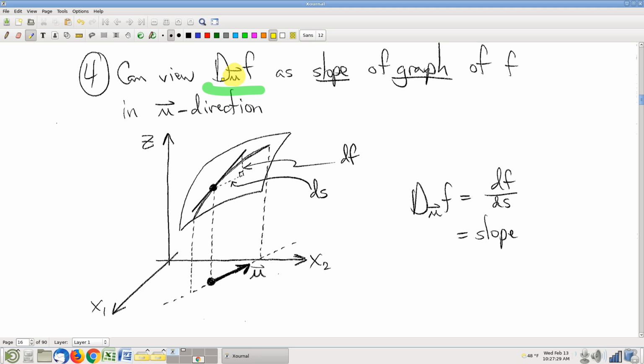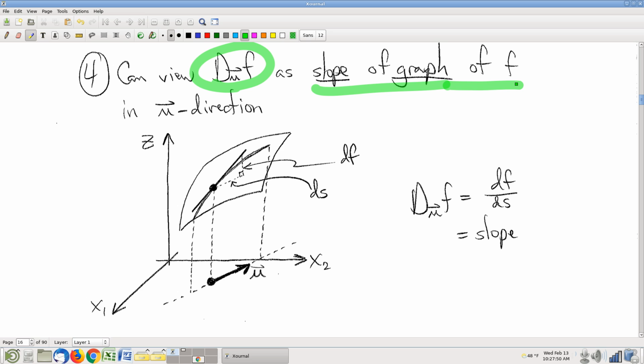Using a unit vector in the definition of directional derivative, what you get is the slope of the graph of that function. And I urge you, resist the temptation to say that it's the slope of the function. We have to distinguish between the function and the graph of the function.